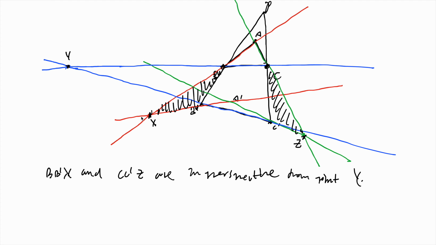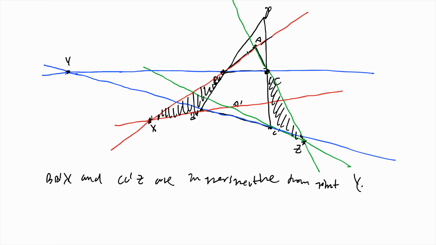We know that by construction, these two lines meet, so these two meet at P. So what is P? Connecting these two, we get P. We already know that Y is the center of perspective.